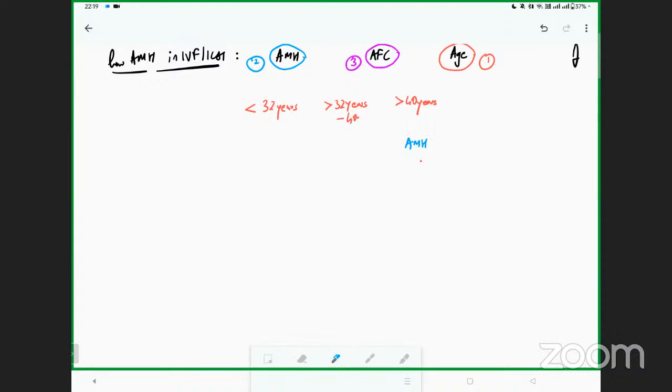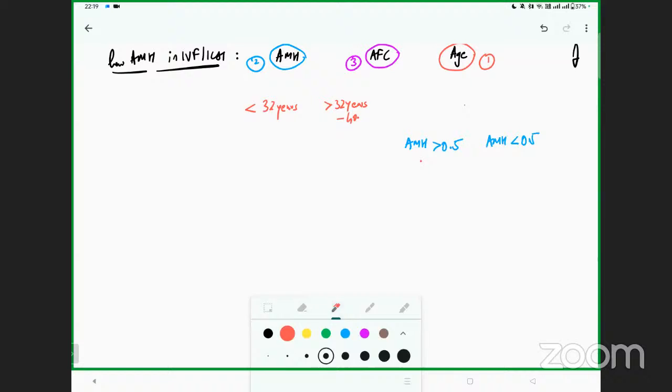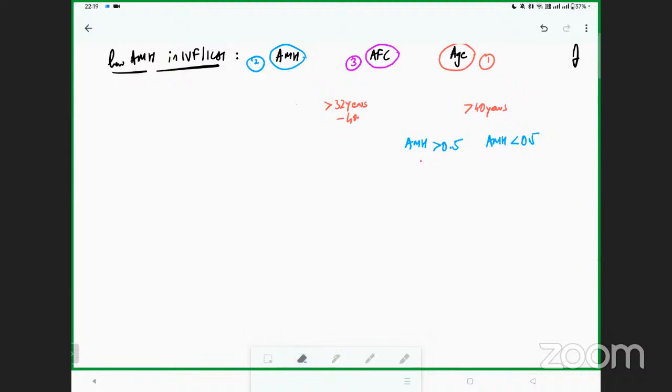Now, inside this category, we have 2 categories: AMH more than 0.5, AMH less than 0.5. I will just shift age more than 40 years a little this side so that I get some more space. Between the 32 to 40 years also, I will make some space here so that all of you can see it nicely. 32 to 40 years and less than 32 years.